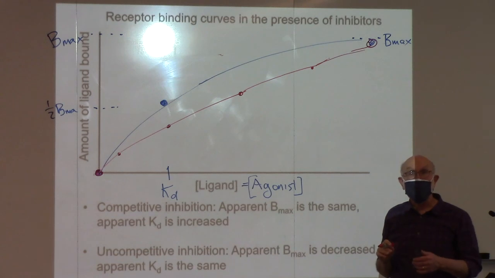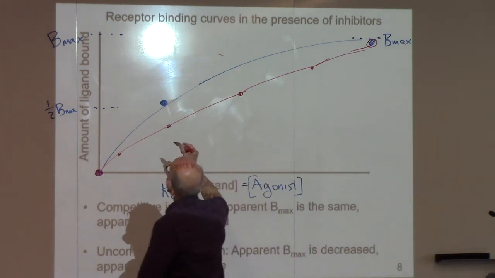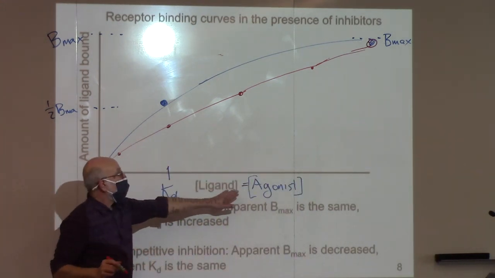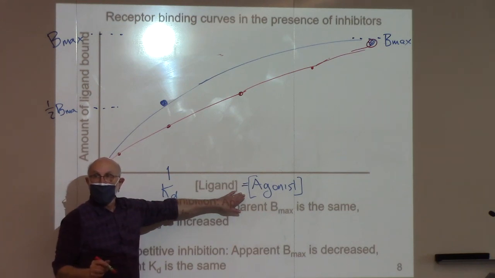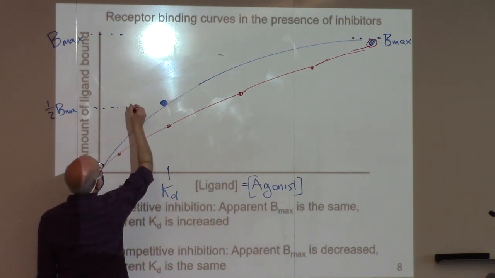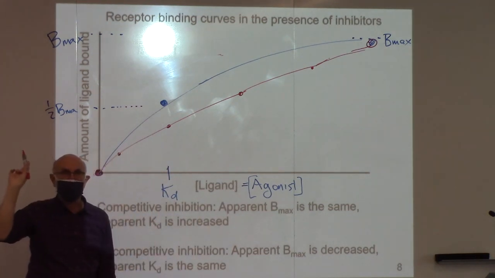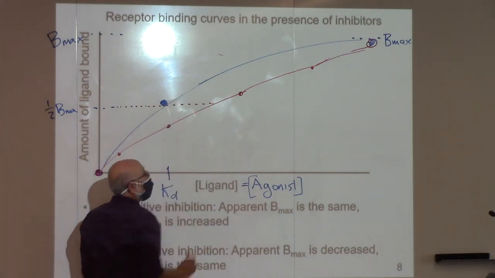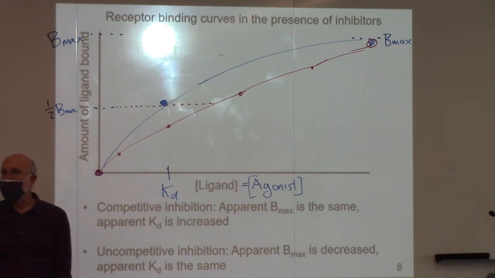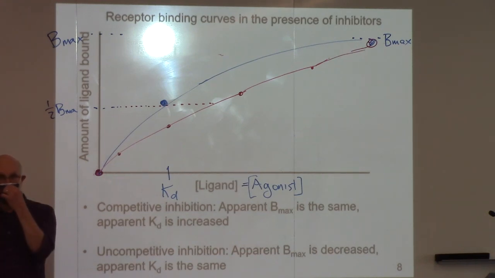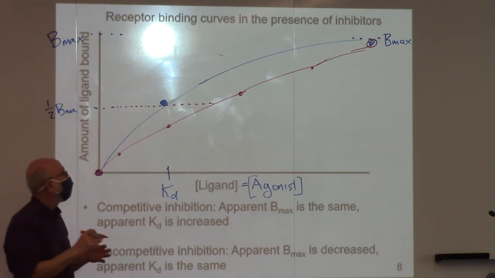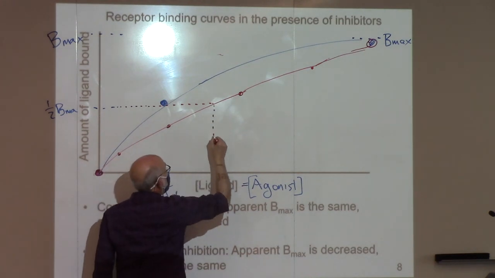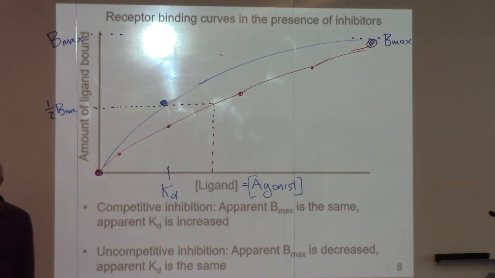What has changed? The concentration of agonist that gives us, in the presence of the inhibitor, an apparent half maximal binding, because there's competition, is a higher concentration.